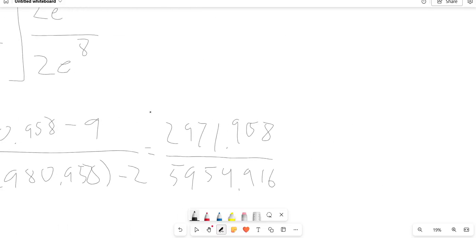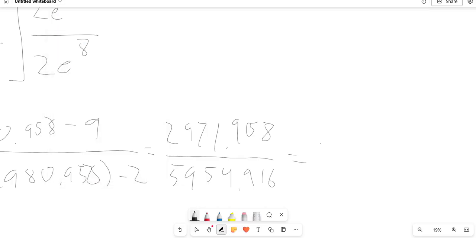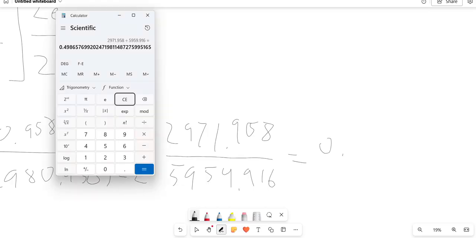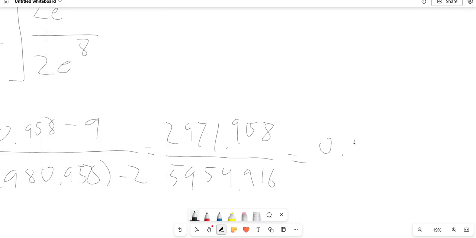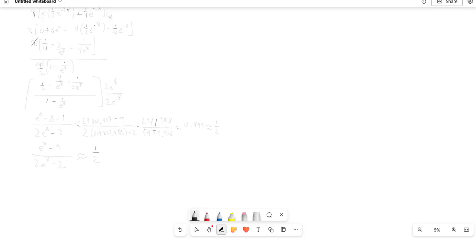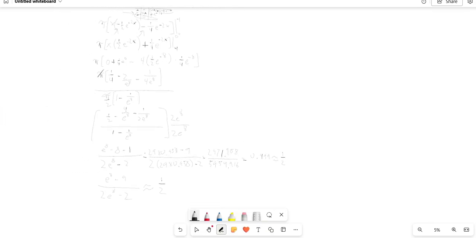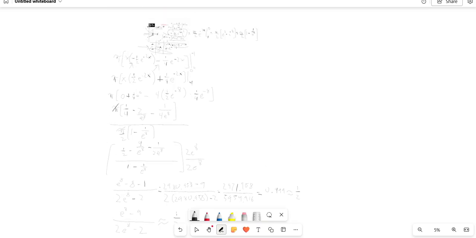And if we work out that quotient on our calculator, 2971.958 divided by 5959.916 equals 0.499 roughly, which almost equals 1/2 as we previously guessed, because e to the 8 is so large compared to the other numbers in this quantity.